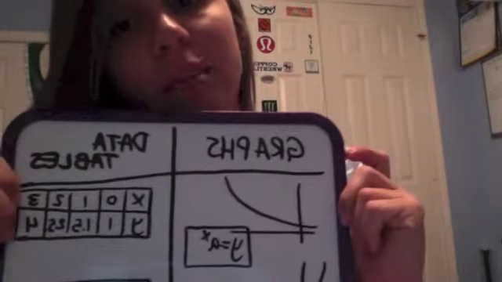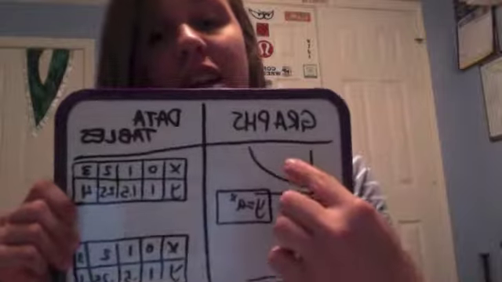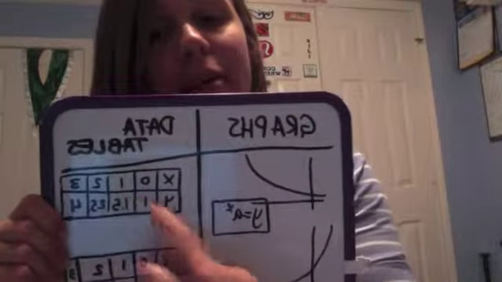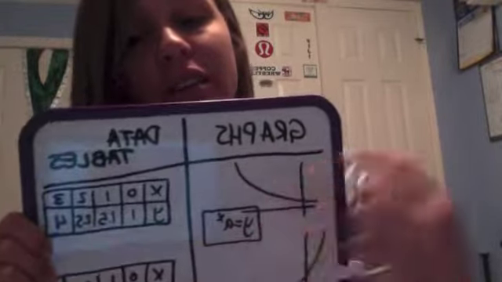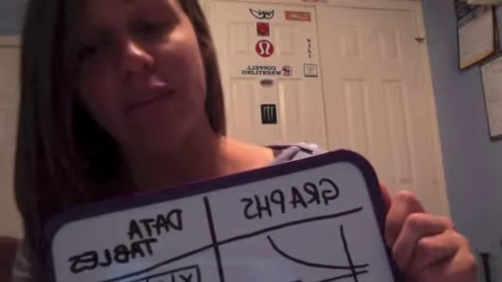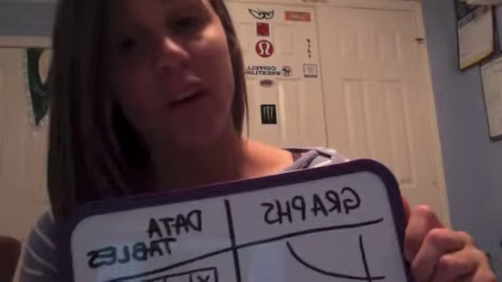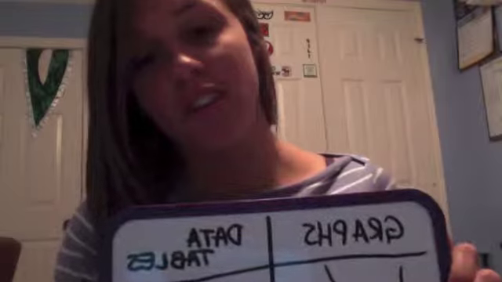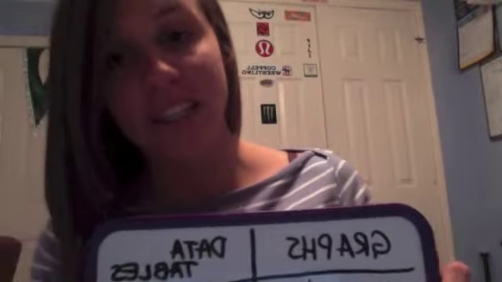It's completely up to you. But you're going to be matching a graph, a data table, and a function together that all represent the same values. When all of the functions and graphs and data tables are matched in the 6 groups, then raise your hand and we will come check them.